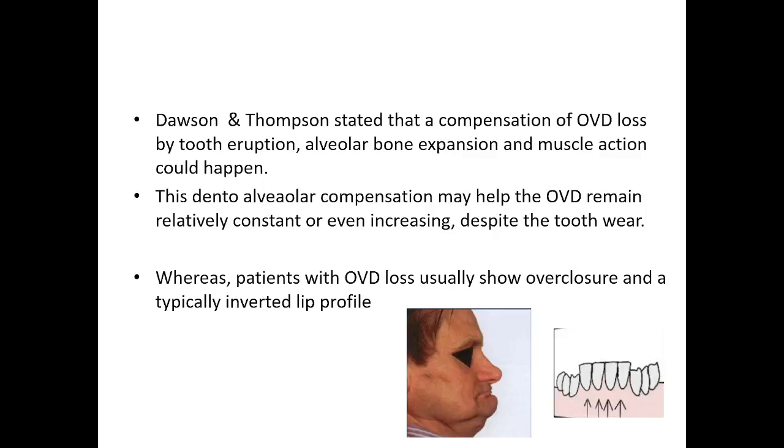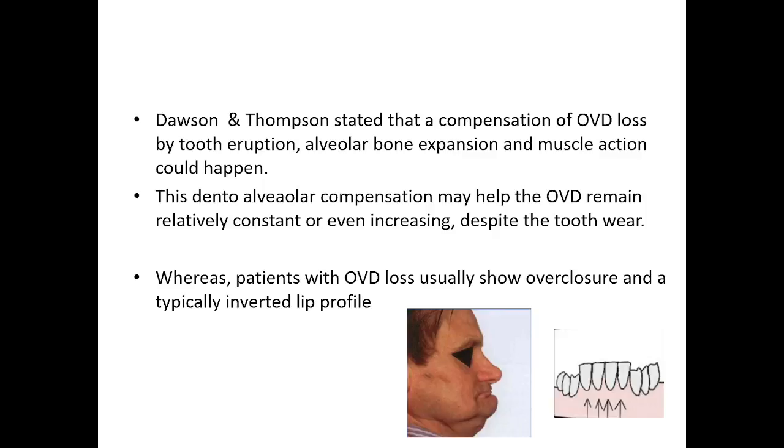So what happened exactly? What happened exactly is dental alveolar compensation. We need to take that into consideration. Dental alveolar compensation took place and it compensated the loss of OVD.